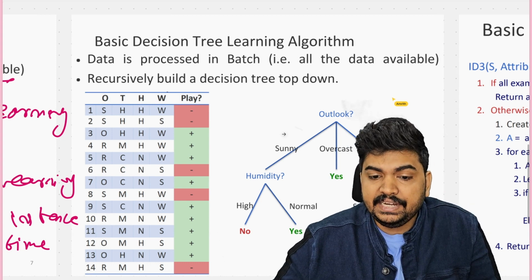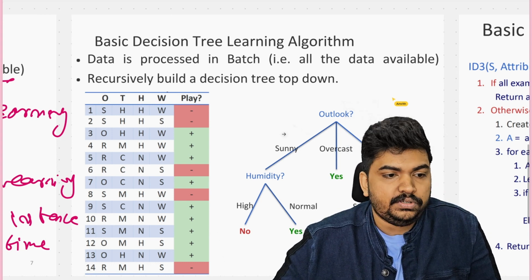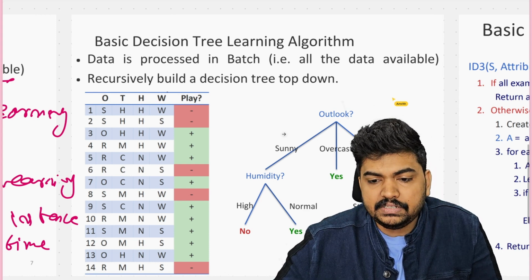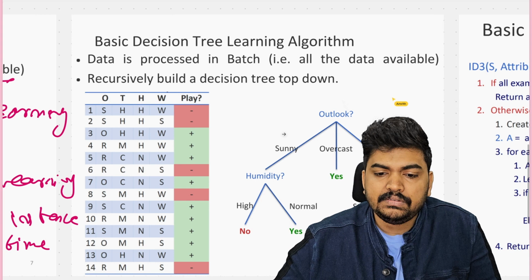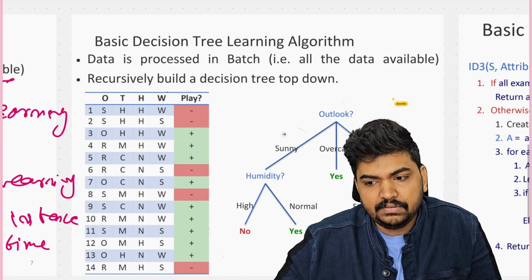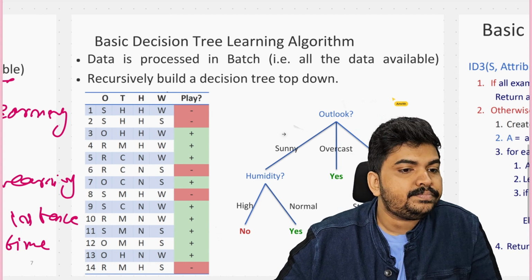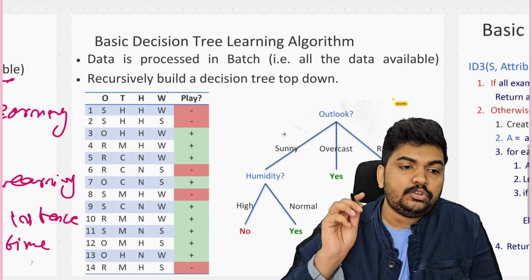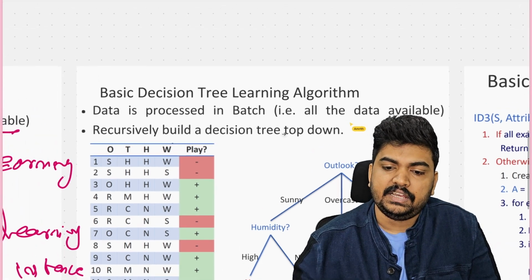The learner recursively builds a decision tree top down. It is a top-down, recursively built structure, built using a batch of data which is available a priori. During the learning, there are only 2 decisions that the learner has to make.